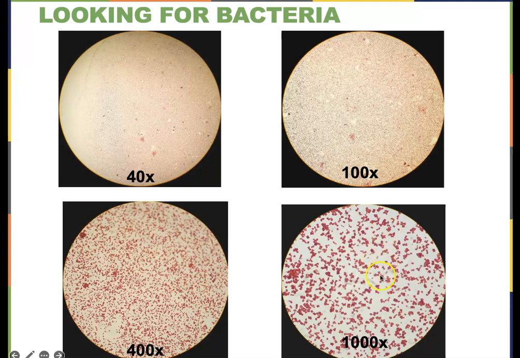What's tricky is that some of them can be stuck together, like you can see a little bit of a two or three here together. So it's very important that you use the oil immersion lens to really look at your bacteria and decide what shape they are and other features of it.